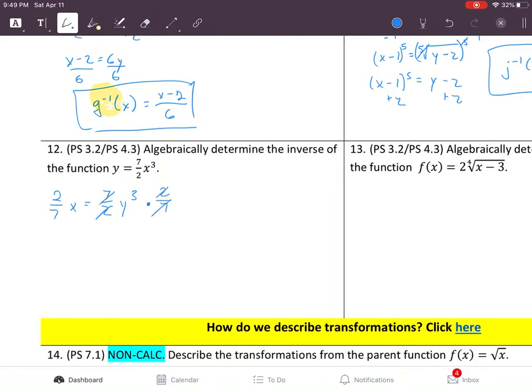That will cancel out this side, and we'll have 2 over 7 x equals y to the third. And then we're going to cube root both sides. The cube root and the cube will go away, and we'll be left with the inverse equal to the cube root of 2 over 7 x.